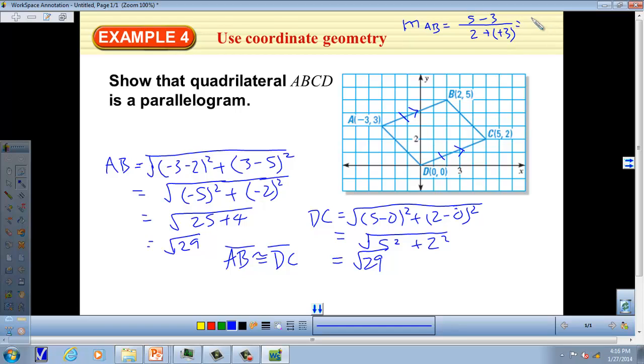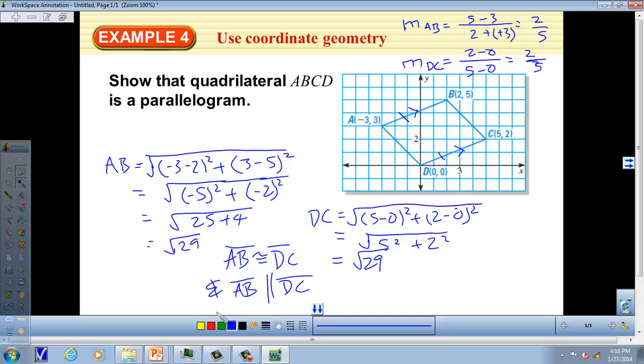That gives us a slope of 2 over 5. We're hoping the other one is also 2 over 5. So we look at DC, and we've got (2 - 0) over (5 - 0). That also gives us 2 over 5. So now we can state that AB is parallel to DC.